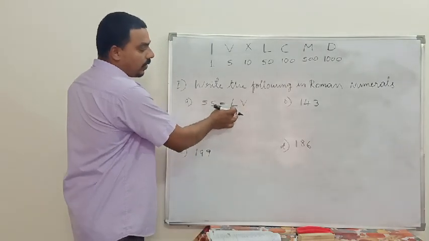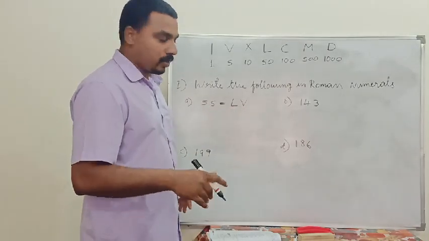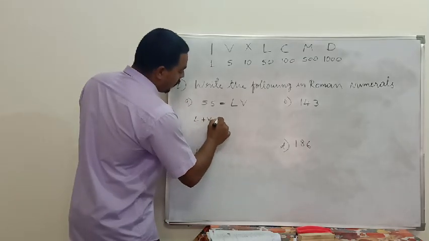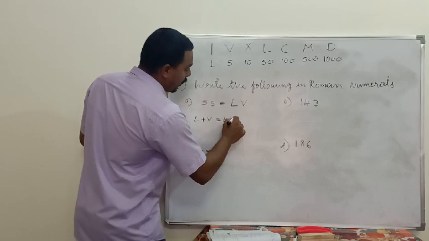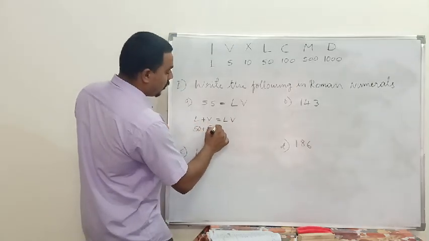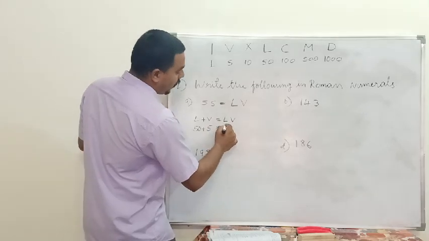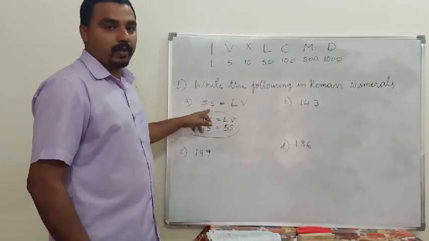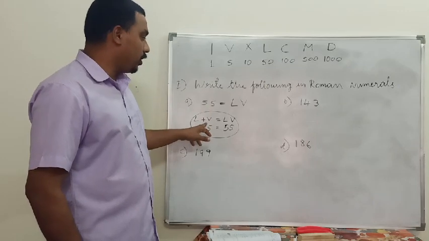Here we have used the addition fact. That means 50 plus 5 is equal to 55. This is the fact behind this. This is the addition fact.